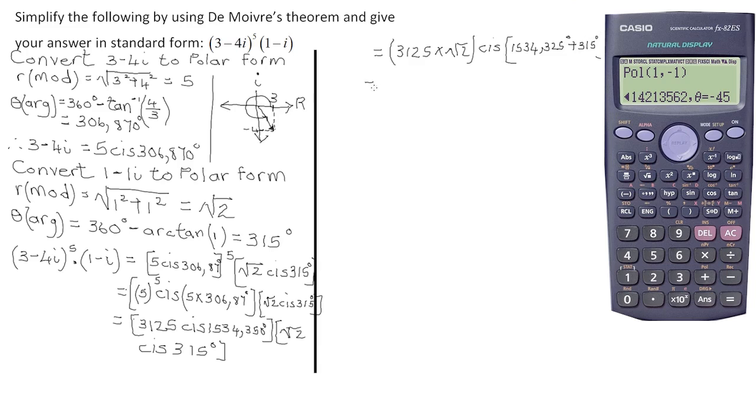If you use your calculator, you will get 4419.417 cos. If you add those two, you will get 1849.350.